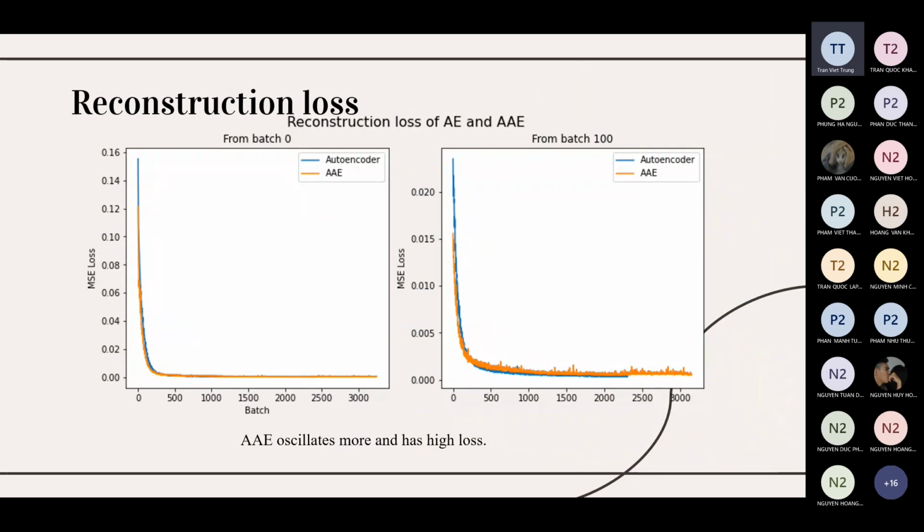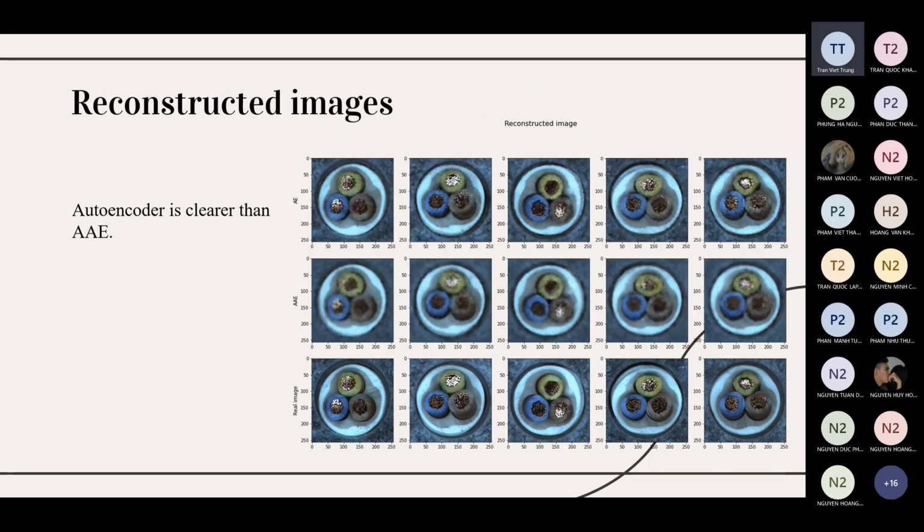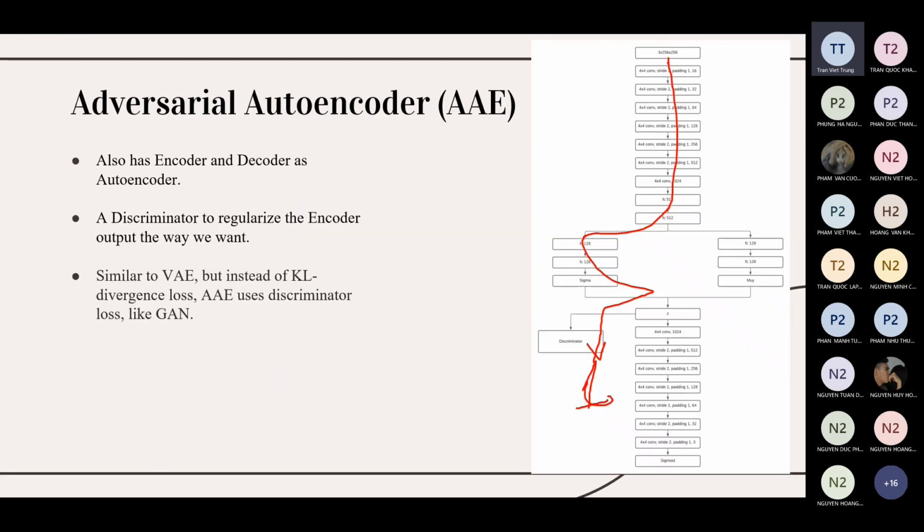So let me summarize that the training process for this AAE model is like the GAN. Yes, it's similar to GAN. So inside the loop you train the autoencoder, then the discriminator, and then again the generator, and then the discriminator, like this. Yes, it's similar to GAN in the discriminator part.